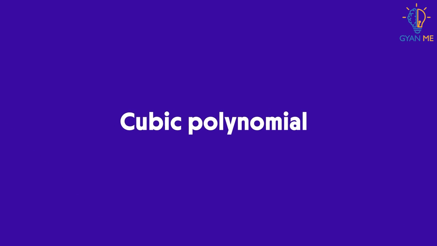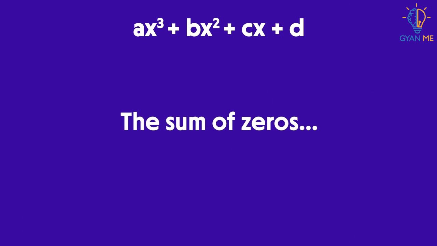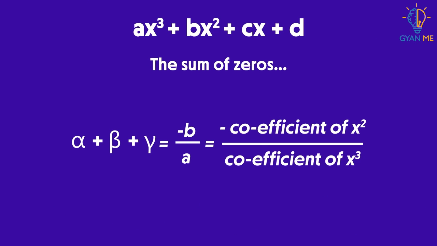For cubic polynomial of the form ax cube plus bx square plus cx plus d, say there are 3 zeros, alpha, beta and gamma. Then the sum of zeros, alpha plus beta plus gamma, is equal to minus b upon a, which is equal to minus coefficient of x square upon coefficient of x cube.